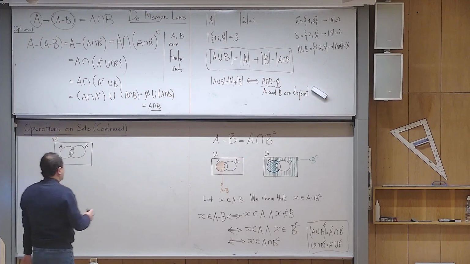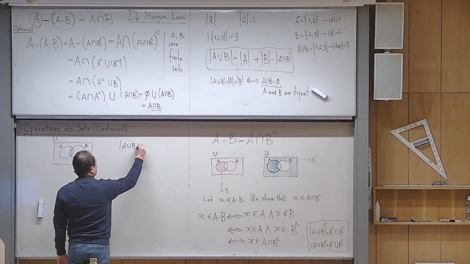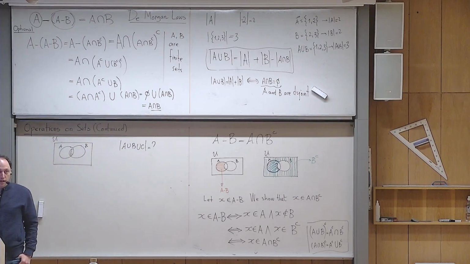Now, what is your guess about the cardinality of three sets union? Yes, so for example, my question is about this. If I have three sets, all of them finite, can you write a formula for the cardinality of the union of three sets? So what is your guess?